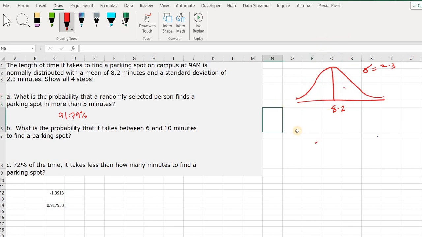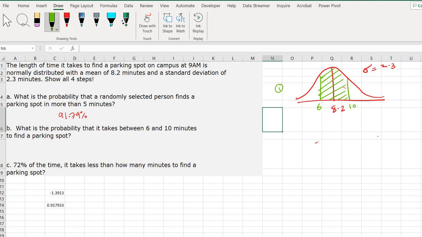And now I would like to find the probability, which is similar to saying I would like to find the area that it takes between 6 to 10 minutes to find a parking spot. So 6 is below 8.2 and 10 is slightly above 8.2. So I essentially want to find this area right here. So that is step number 1.